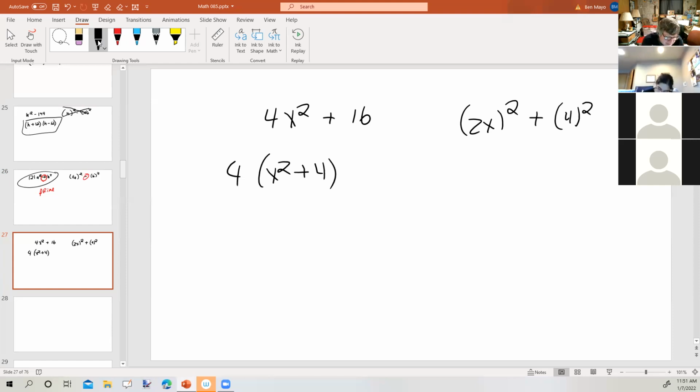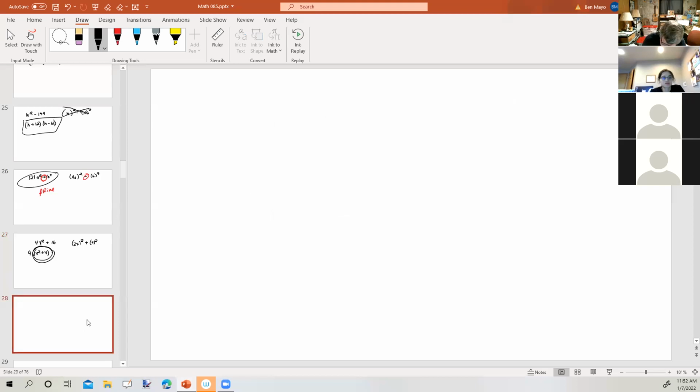But once I've taken out any greatest common factor, the sum of two squares does not factor. Okay? So does the sum of two squares factor? Well, that depends. Have you taken out any greatest common factor? If you've done that first, then what's left doesn't factor any further. But let's say I just had this problem to start with. That would be prime.